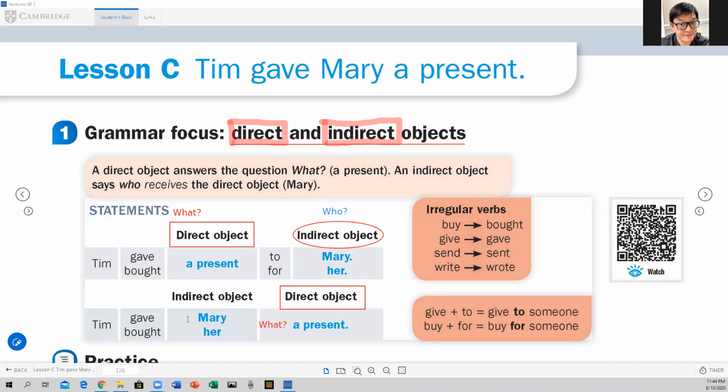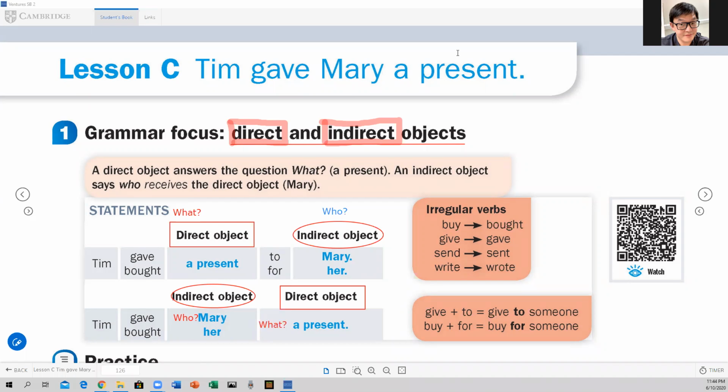Tim bought who? Mary. Or to whom or to who, right? Mary. So in this case, Mary is the indirect object. So this is very important for you to understand, because it answers the question, who? Okay?